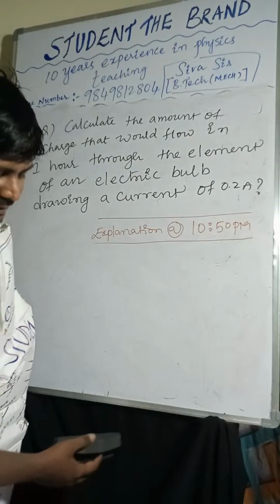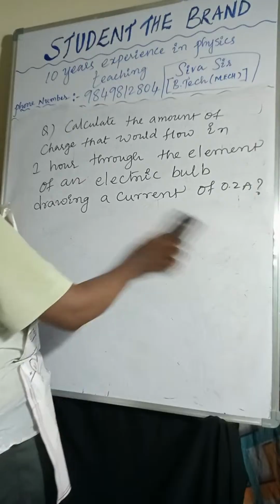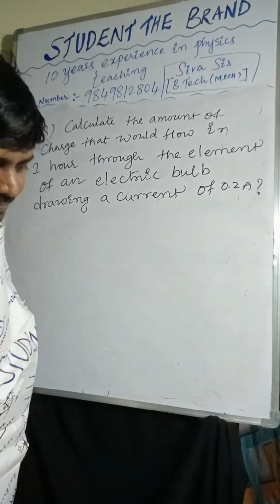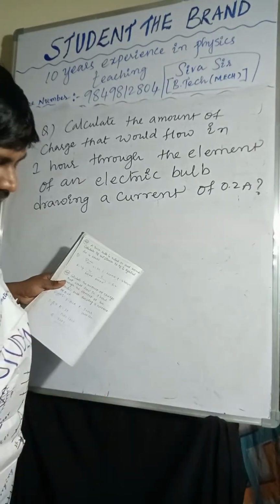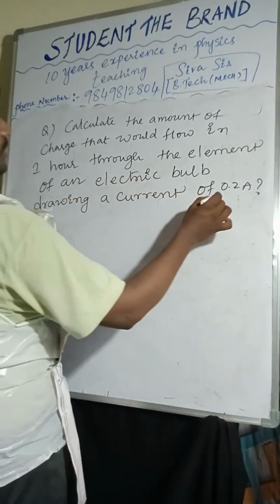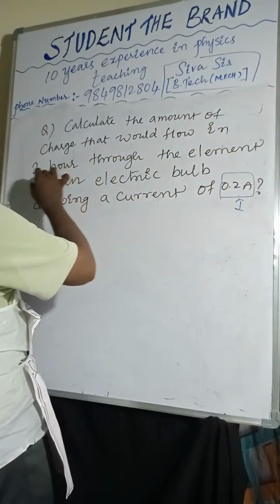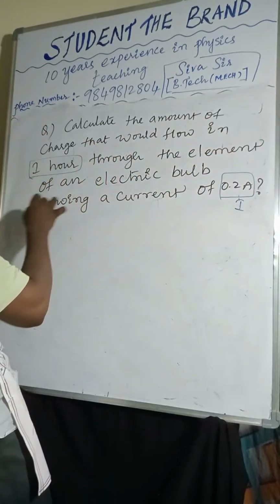Correct only, that is the answer. So here you can see, current is given, so current is I, and time, 1 hour, is given.